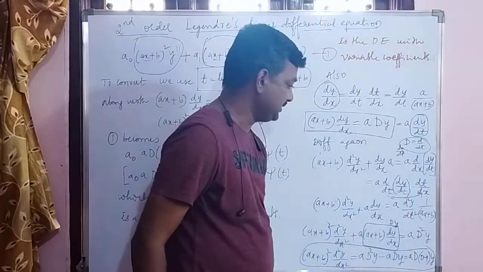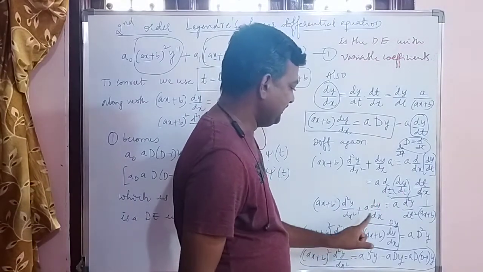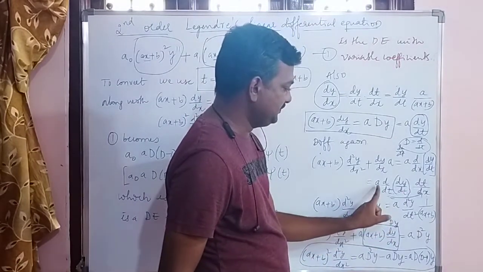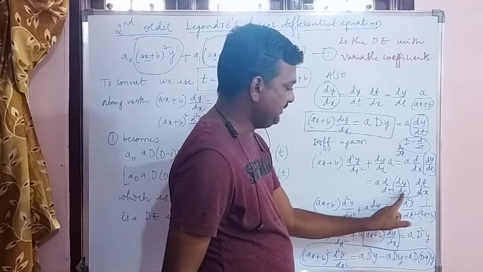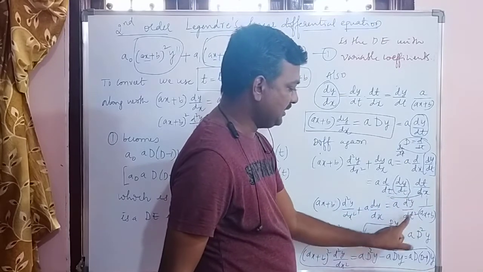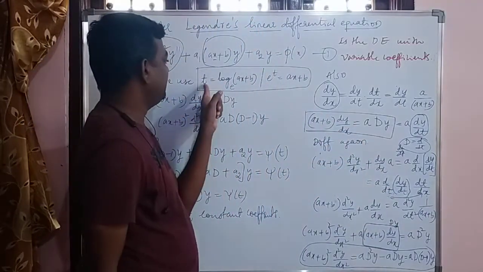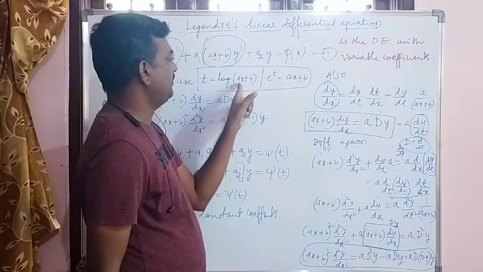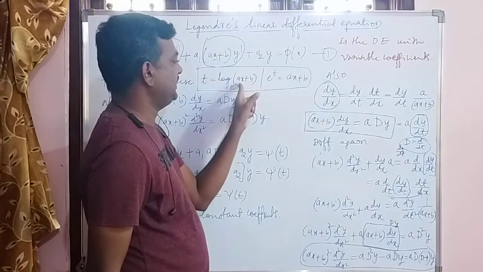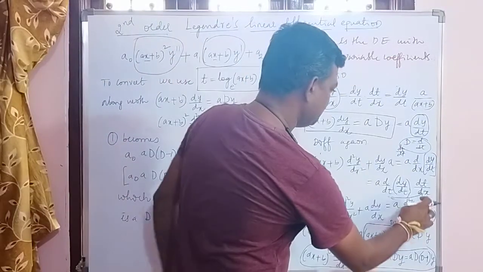So we need to differentiate this. The left side remains as it is, which is equal to a into the derivative of dy by dt with respect to t, which is d square y by dt square, again into dt by dx. Differentiating t with respect to x, log of (ax+b) gives 1 by (ax+b), and again the derivative of ax+b is a.